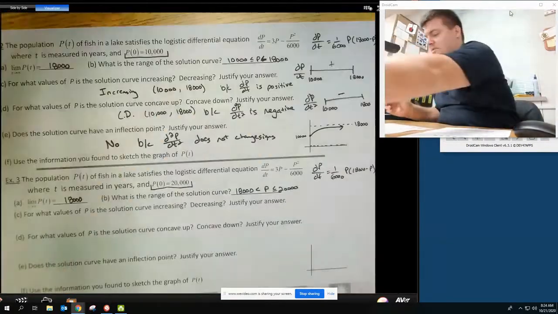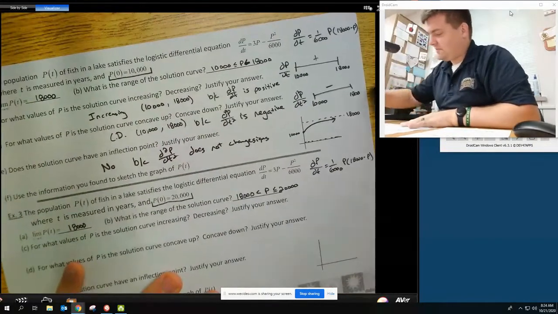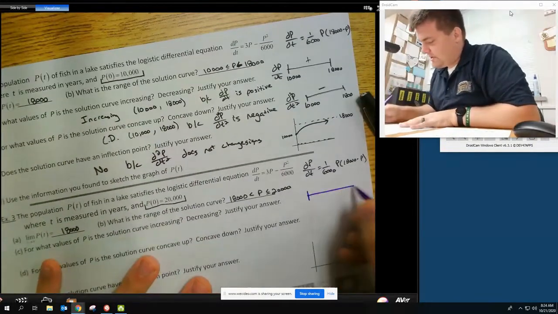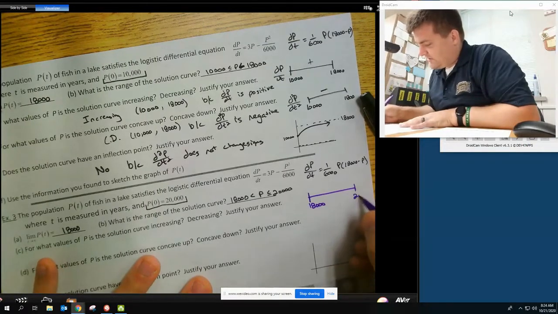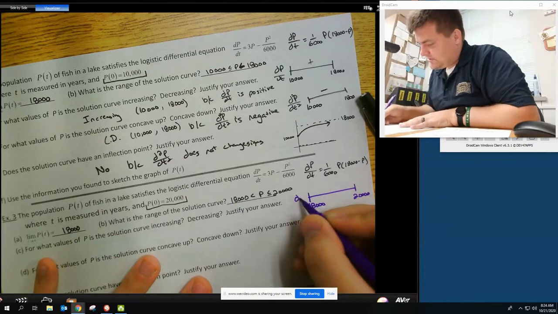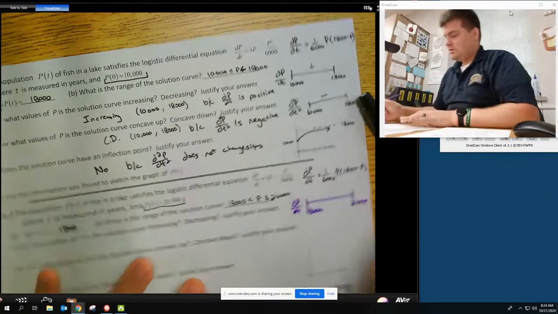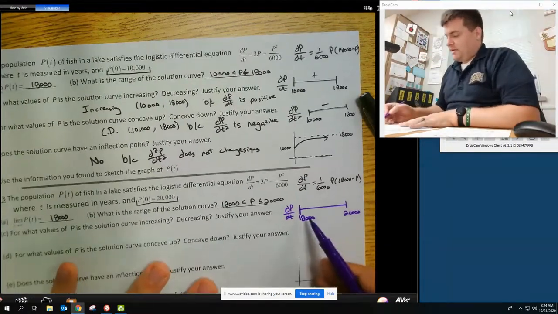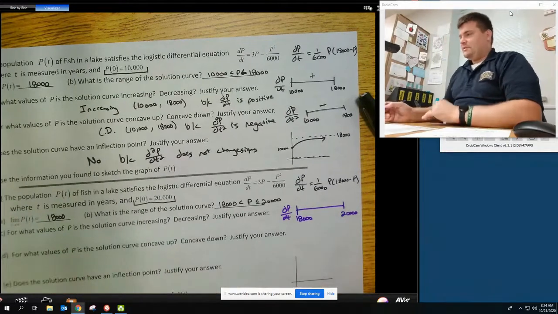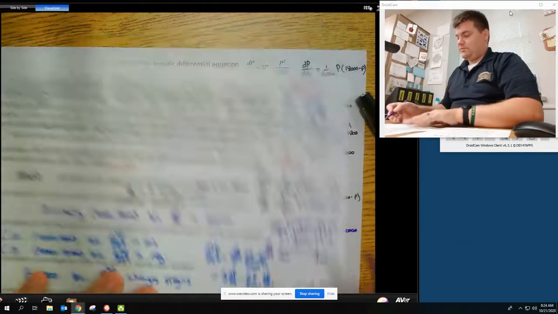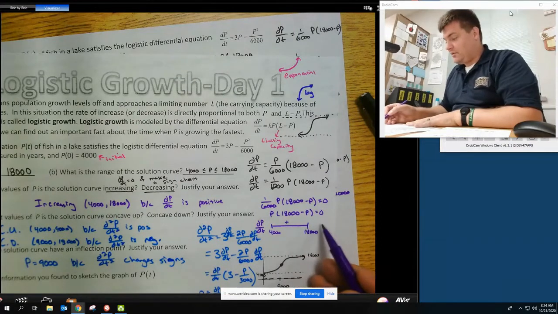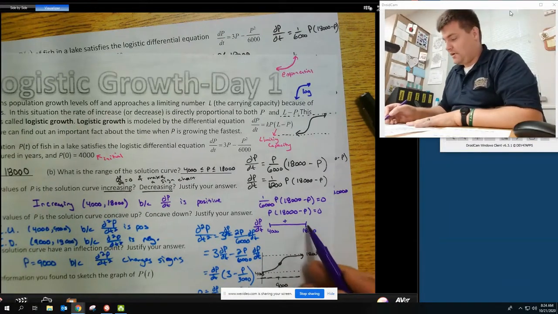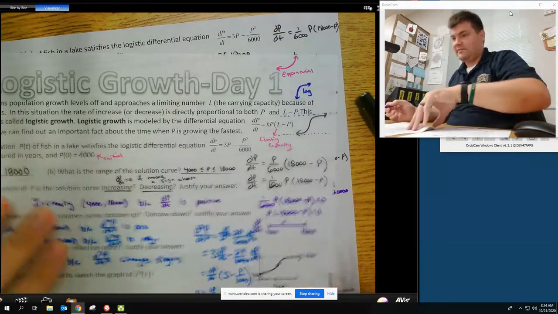So kind of the same idea here. Make the same sign chart, except now my lowest value is 18,000 and my higher value is 20,000. Now when I plug in a number between that, like 19,000, remember, here was a critical point at 18,000. It is actually going to end up changing signs if I would have kept going. Because if you plug in 19,000, you're going to get a negative value.